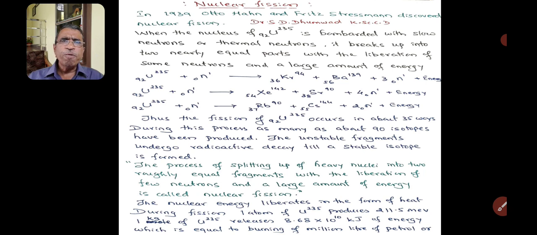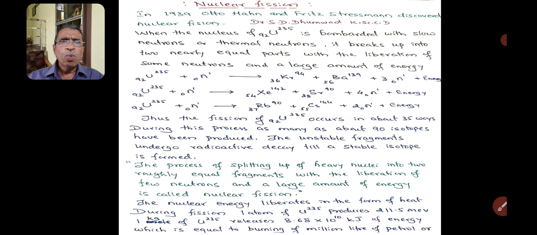The process of splitting up of heavy nuclei into two roughly equal fragments with the liberation of a few neutrons and a large amount of energy is called nuclear fission. The nuclear energy is liberated in the form of heat.